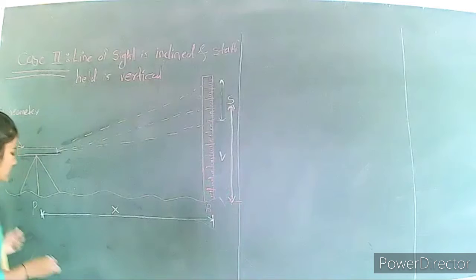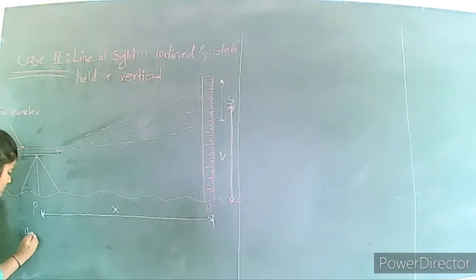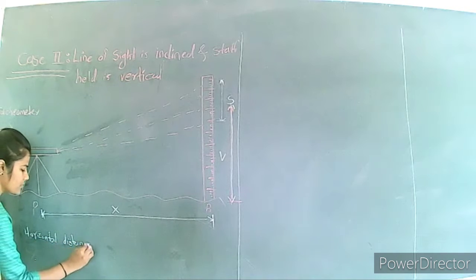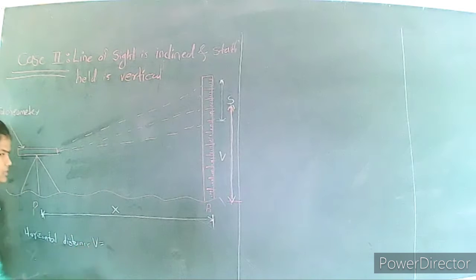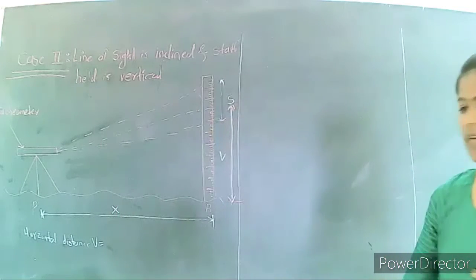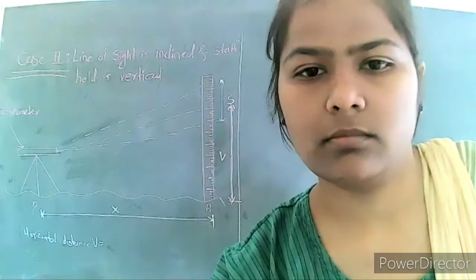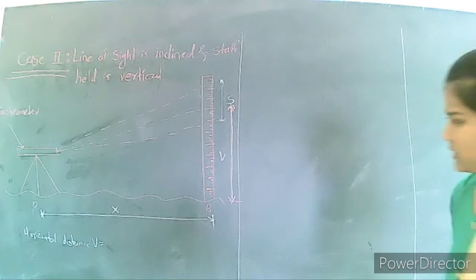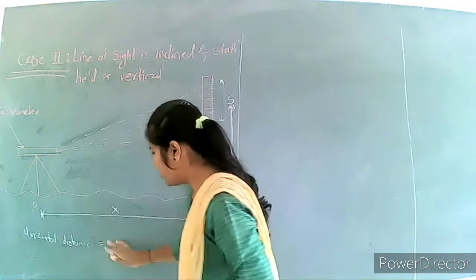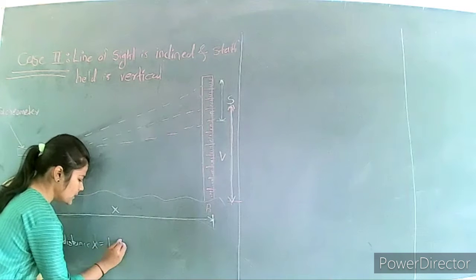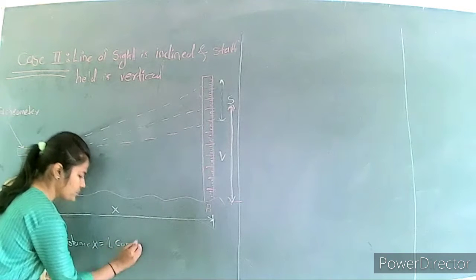Firstly, we find out the horizontal distance. What is the formula of horizontal distance? In the first case, that is line of sight is horizontal and the staff is vertical, the horizontal distance is denoted by X and it is calculated from the formula L cos theta.